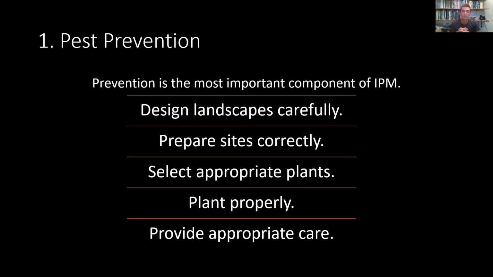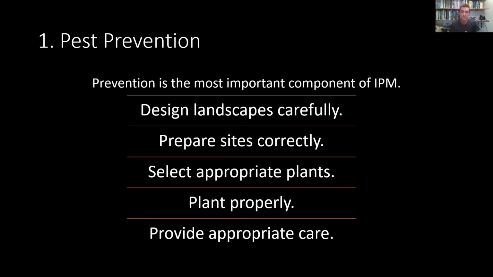Proper site preparation. And then the plants that are chosen, we want to choose good, strong cultivars that are resistant to pests and diseases. And the individuals themselves from the nursery, we want to verify that they're not coming in with potential pest problems.